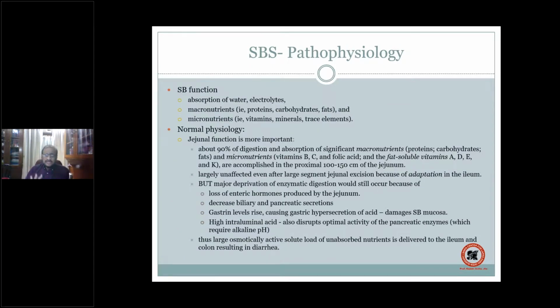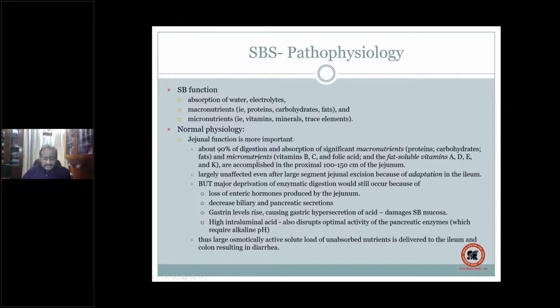Absorption. So basically, if we look at the function of small bowel, what is being altered? The absorption of water, electrolytes, the macronutrients, namely proteins, carbohydrates, fats, and micronutrients, namely vitamins, minerals, and trace elements. Under normal physiology, 90% of digestion and absorption of significant macronutrients is occurring where? Jejunum.